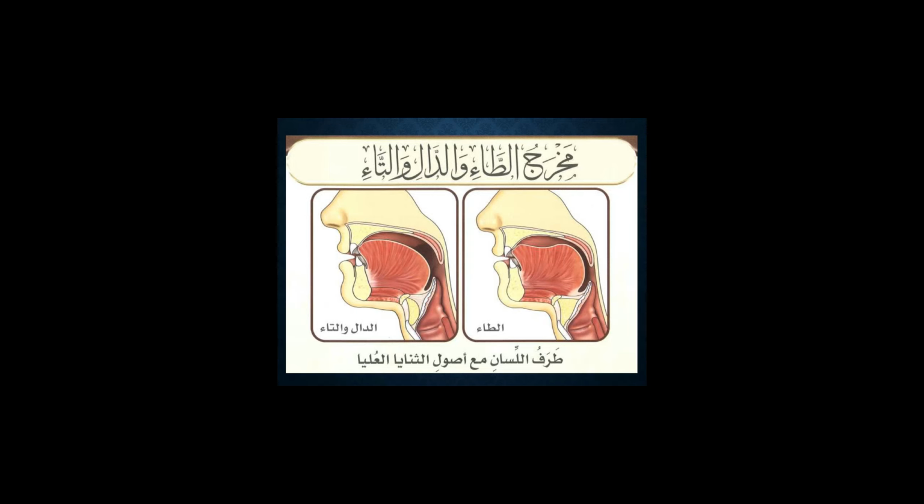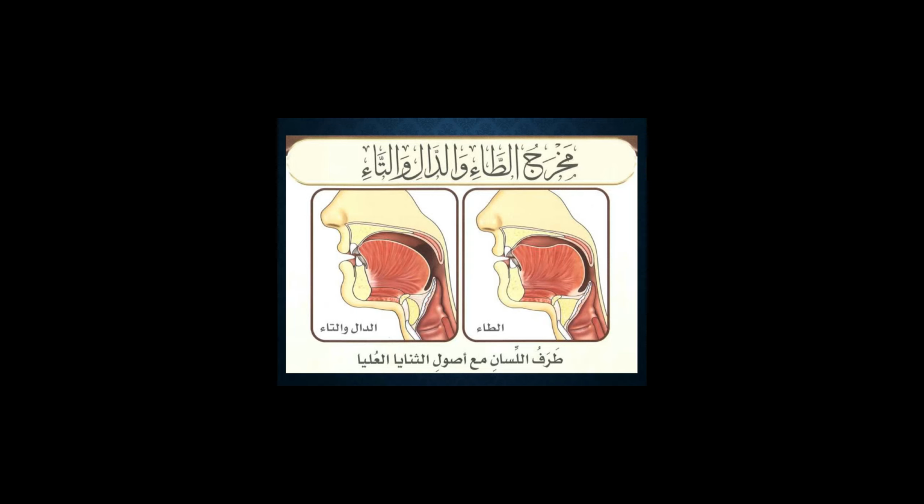So the upper incisors, where they are inserted into the gums, at that junction you would put the tip of the tongue and pronounce the letter Ta. Alif, Ba, Ta. And Dal comes from the same place. Dal, both coming from the same place.